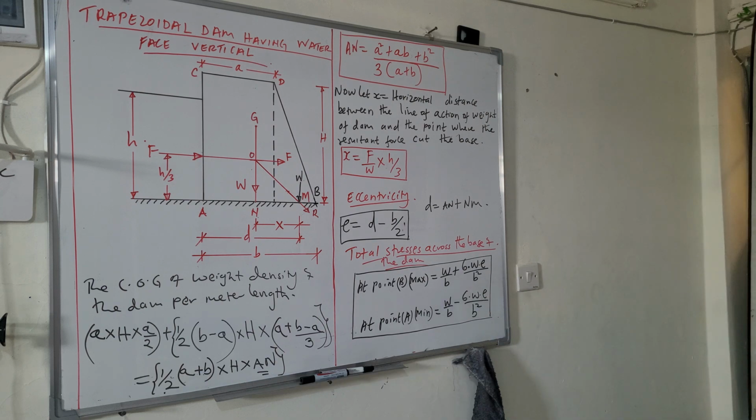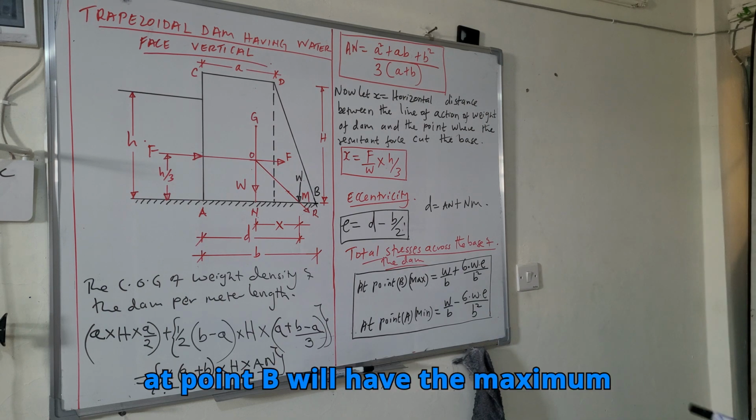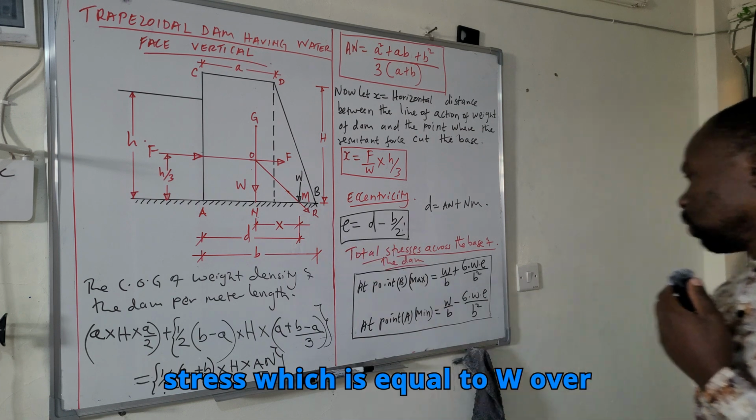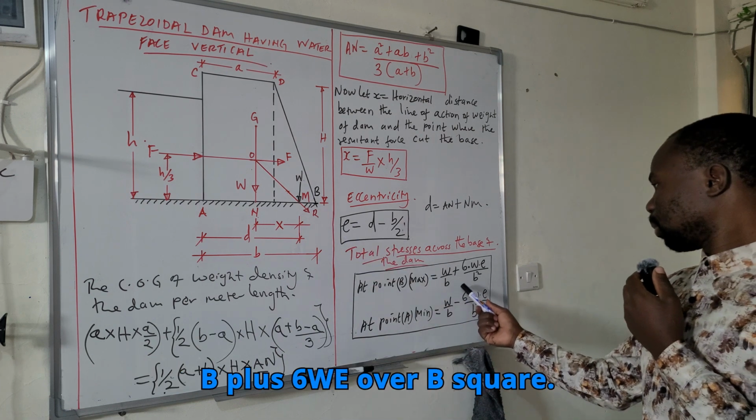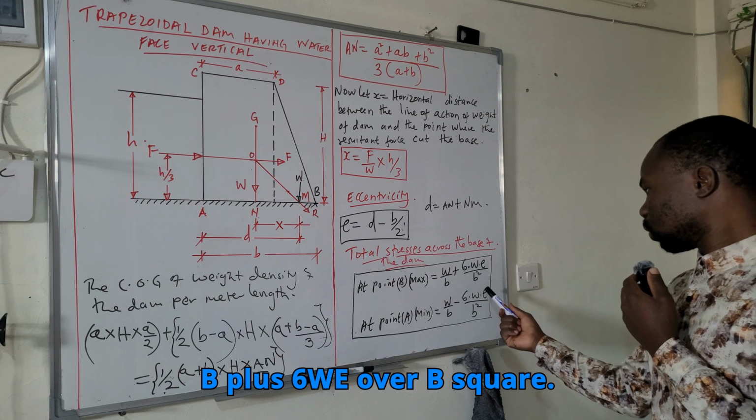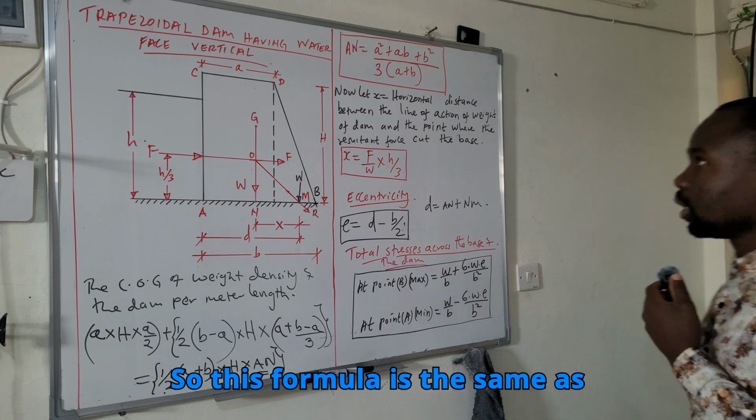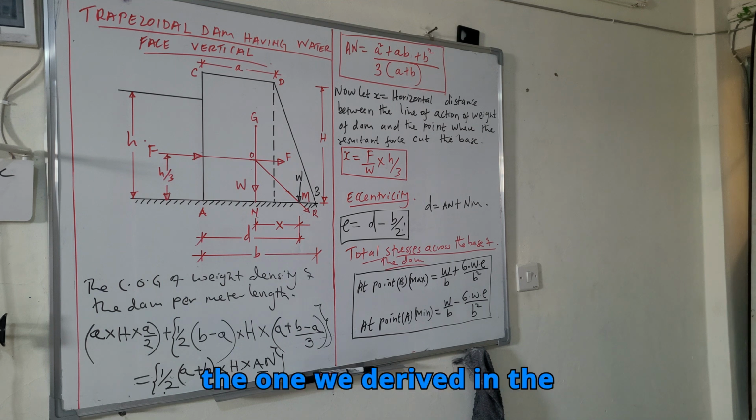So we proceed to total stresses across the base of the dam. Total stress at point B will be the maximum stress, which is equal to W over B plus 6WE over B square. This formula is the same as the one we derived in the rectangular dam.